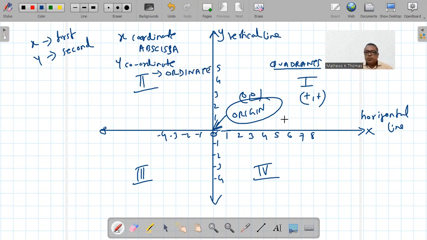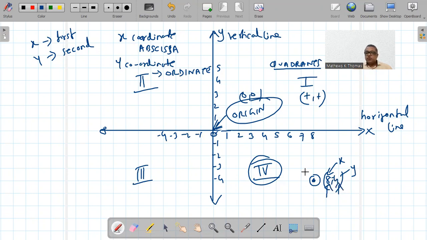So suppose you are having a point, let's say 8, -4. So 8, -4 will lie here. The first number is always x, the second number is always y. So 8, -4 means x is 8, y is -4. This is going to lie in the 4th quadrant. The abscissa is 8 and the ordinate is -4.